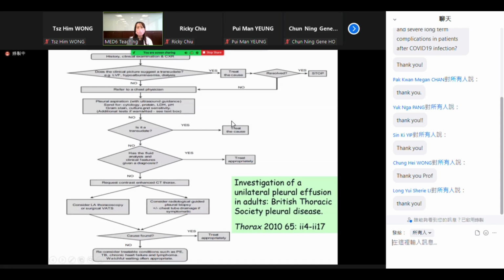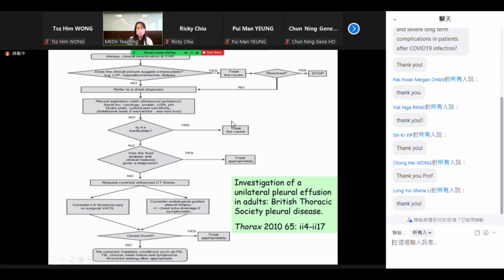We'll send a culture, and in Hong Kong, we routinely send TB as well, because TB pleuritis is not uncommon here. After reading the biochemistry, we will know whether this is transudative or exudative.